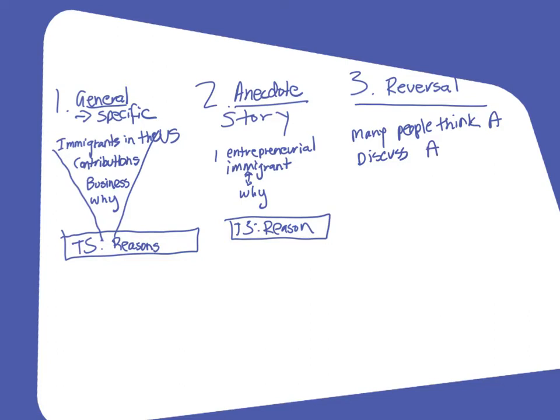And then you do a reversal and say, however, A is wrong for some reason. A is not true. In fact, the reality is B. So that's the general structure of it, but we will use a real essay example to illustrate.